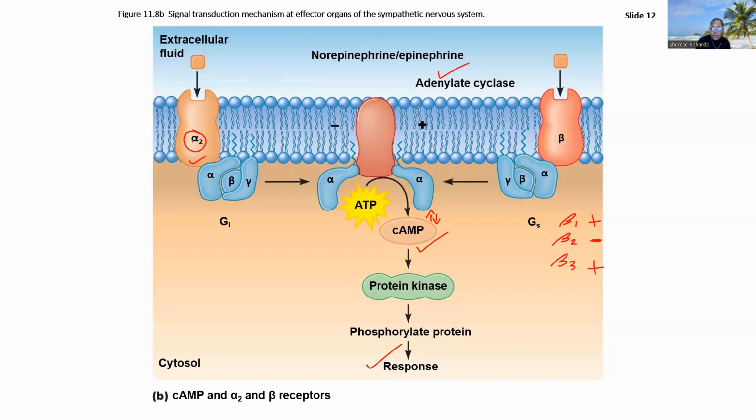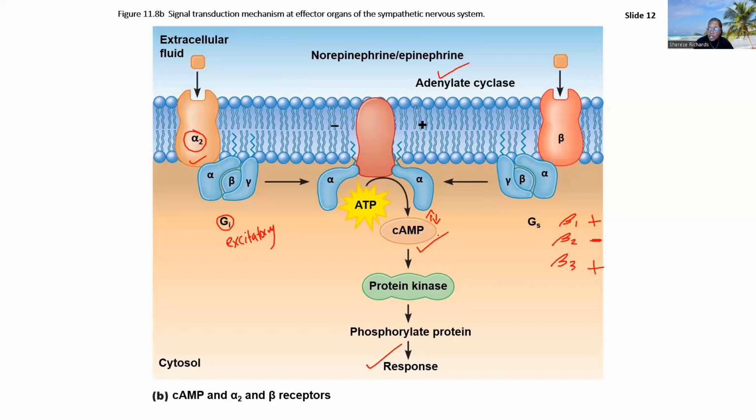If we think about alpha-2 receptors, these are going to be excitatory to their tissue, right? In that they're going to contract smooth muscle on vascular, on blood vessels, right? But in order to do that, it's going to require an inhibitory G protein to block cyclic AMP to result in that excitation on smooth muscle. If we consider beta-2, for example, beta-2 is going to have a G stimulatory protein.